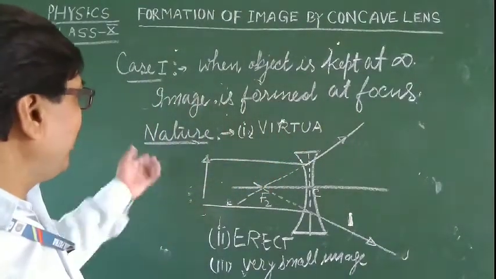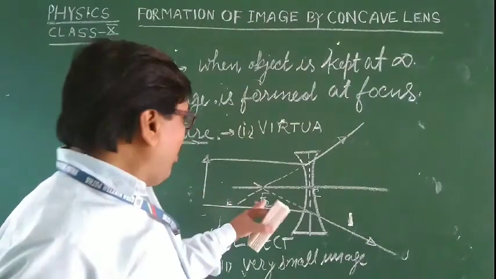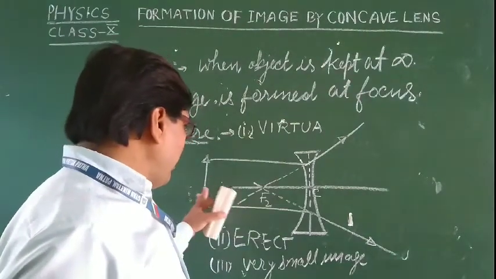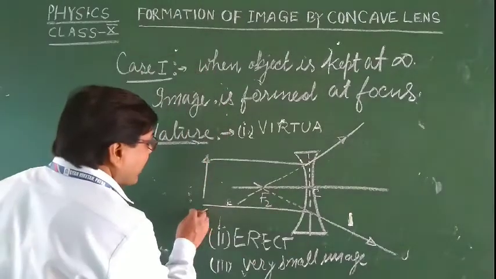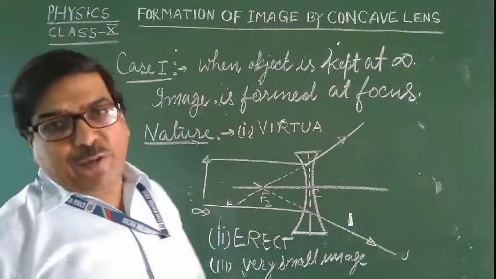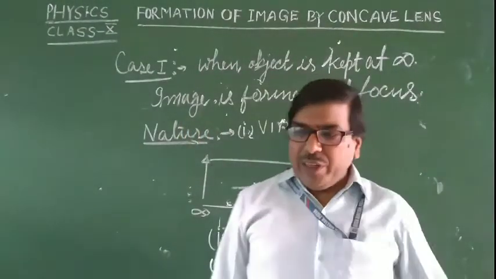So this is the first case, in which the image of an object is formed at focus if the object is kept at infinity.